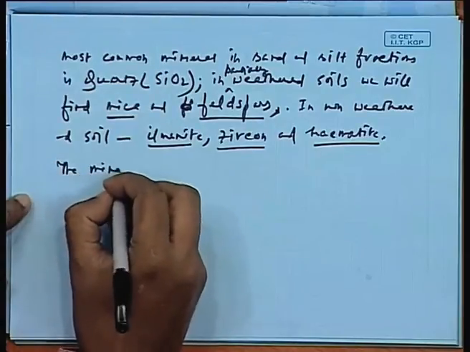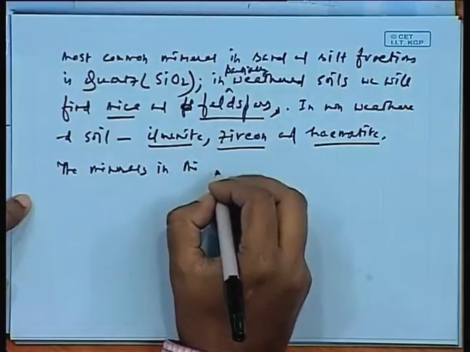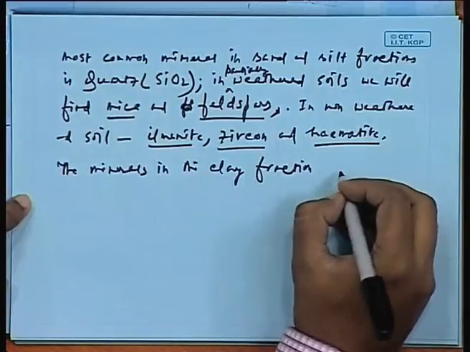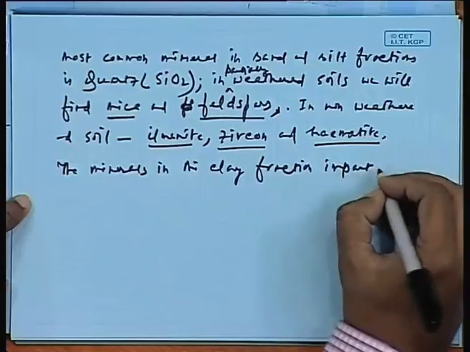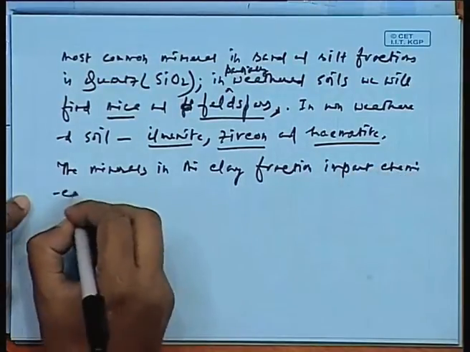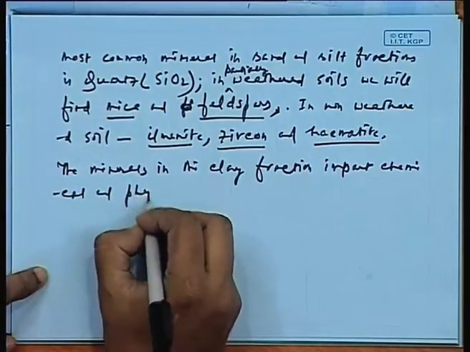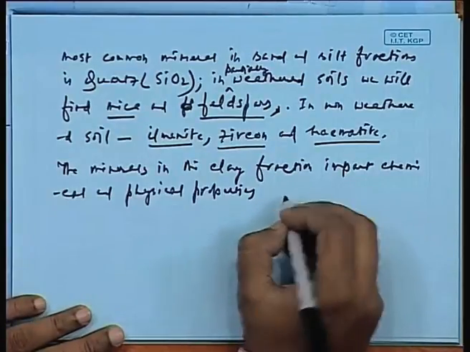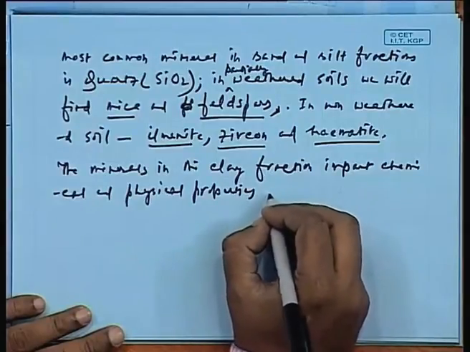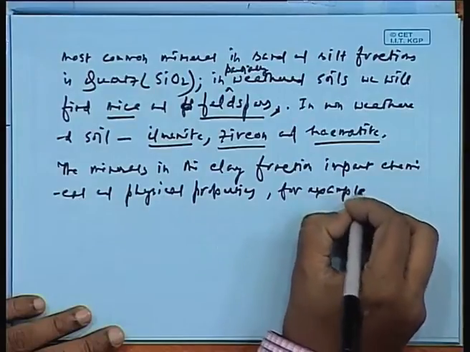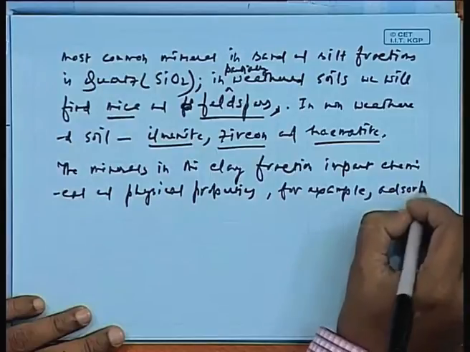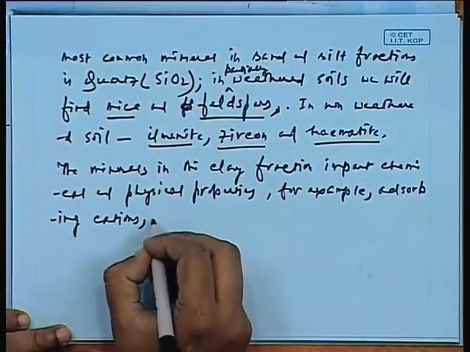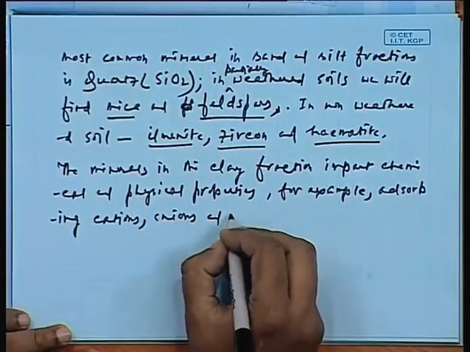The minerals in the clay fraction impart chemical and physical properties, for example, adsorbing cations, anions, and pesticides.